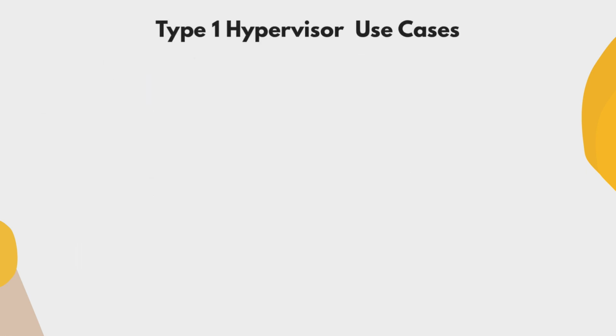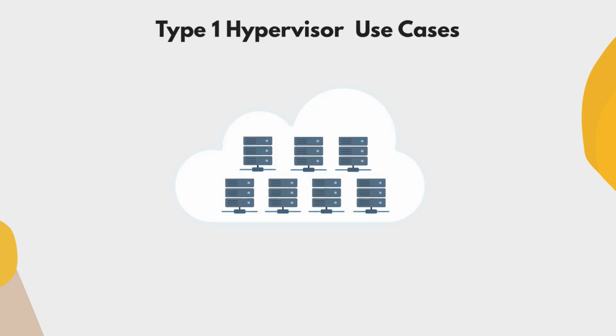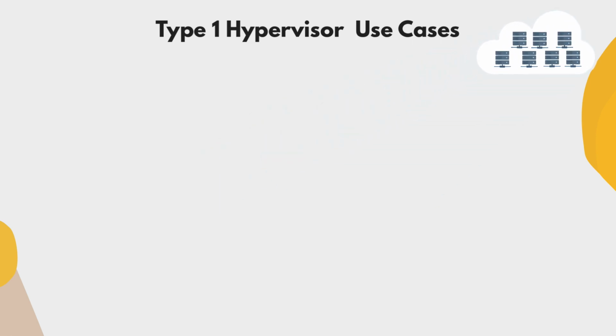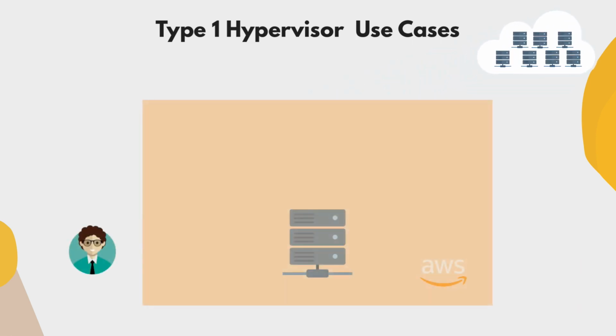And type 1 hypervisor is mostly what those big companies and big cloud platforms actually use to create and run their whole infrastructure. So when you create a server instance on a cloud platform like AWS or DigitalOcean or Google Cloud or whatever platform, you're creating these virtual machines on a physical server.